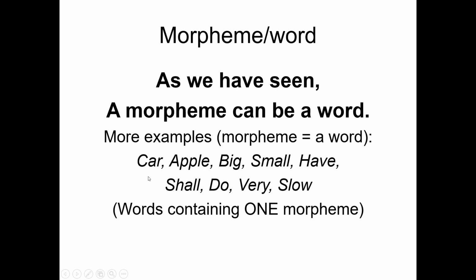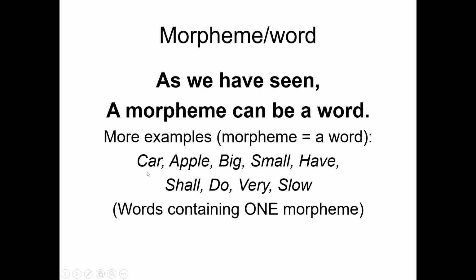Here you have a list of a few words which consist of just one morpheme. One morpheme because you can't further split the word into smaller, meaningful components. Car, right?